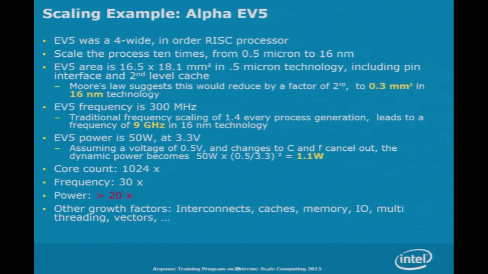It would run at 9 gigahertz if you scale, and the power would be about 1,000 watts. And that's assuming in this slide that we stop scaling the voltage at 0.5 volt, which is a reasonable limit, and so power is the problem.